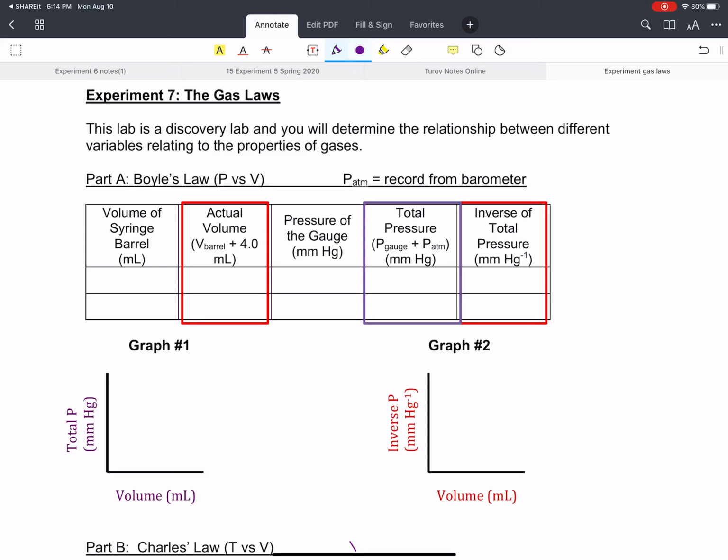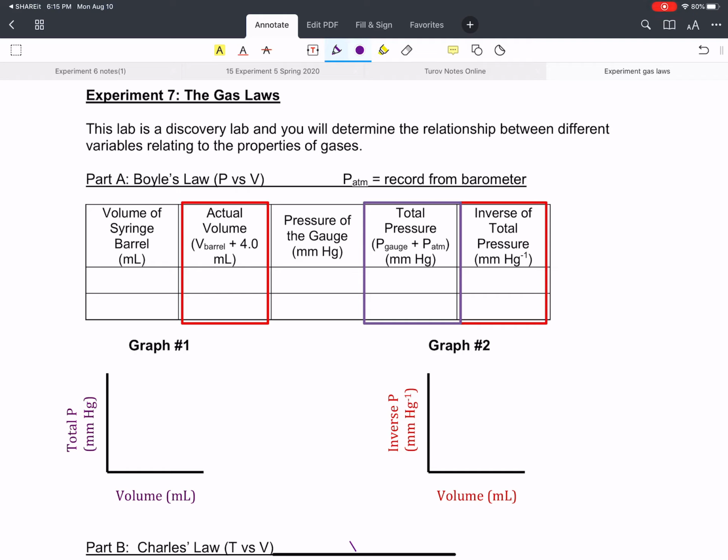We'll be talking about the gas laws experiment, experiment number 7. We're going to be thinking about 3 different parts in this experiment: the relationship between pressure and volume, which is Boyle's law, the relationship between temperature and volume, which is Charles' law, and the relationship between moles of gas and volume of gas, which is Avogadro's law.